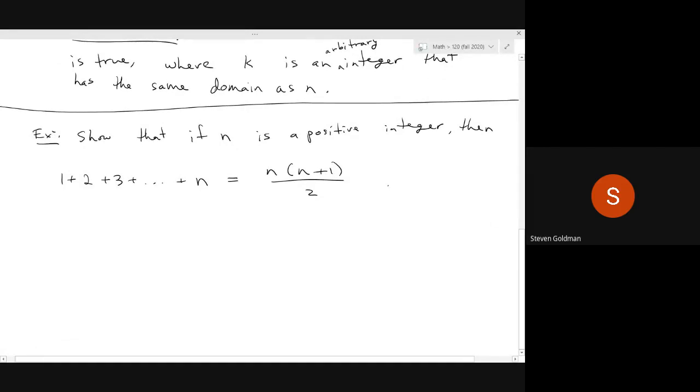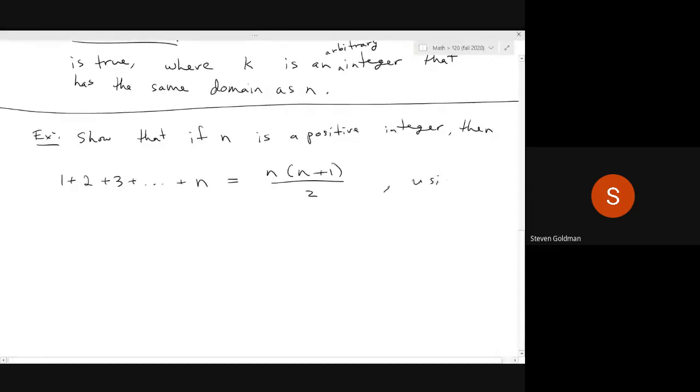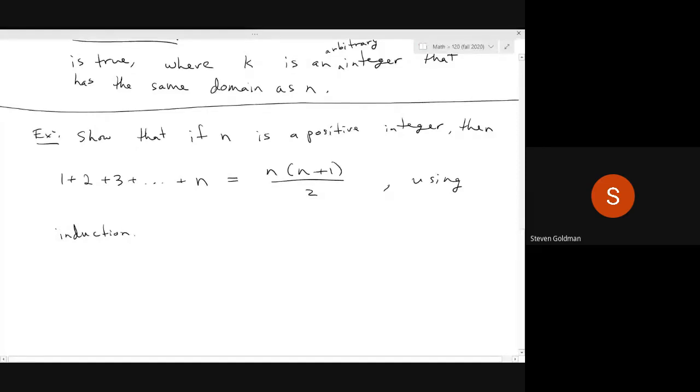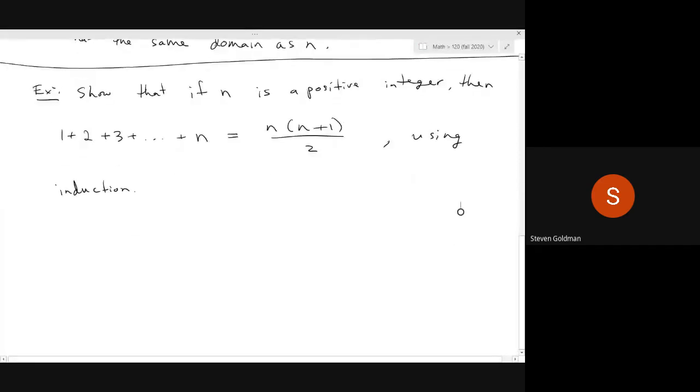So we want to prove that this statement is true using induction. The first thing that we're going to do is identify what our propositional function is. What is P of n? Let's do that first before we get to the 2 steps for mathematical induction.